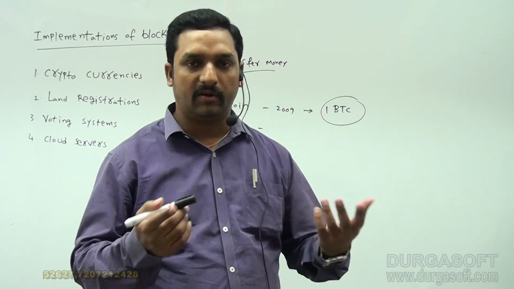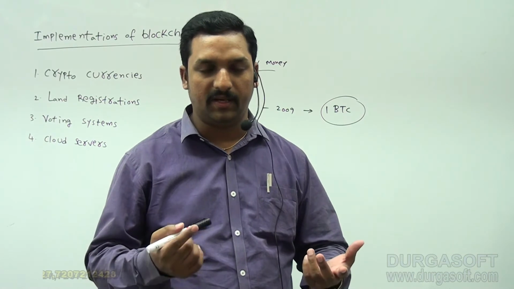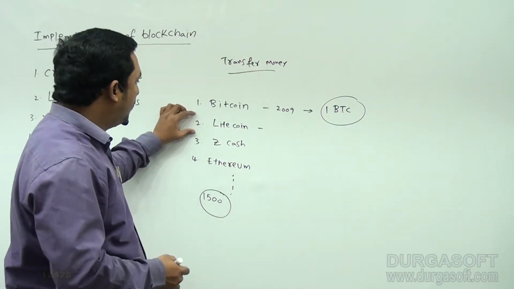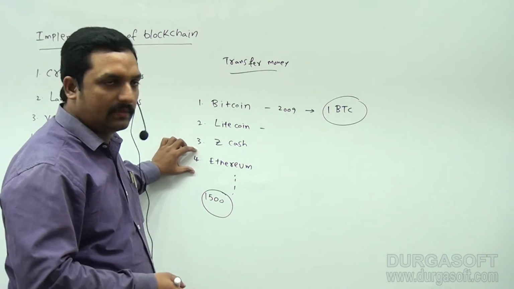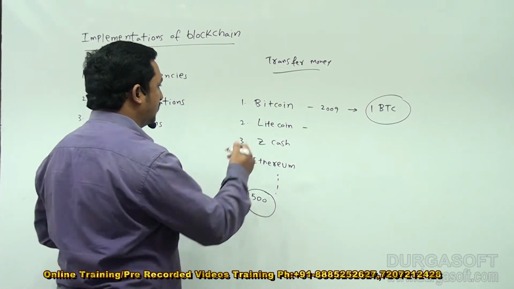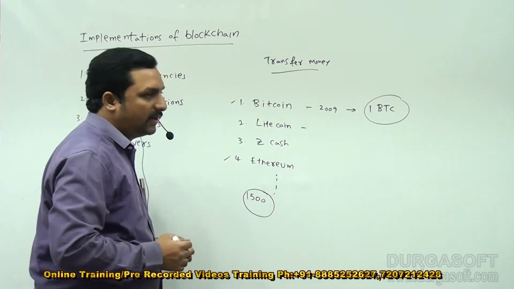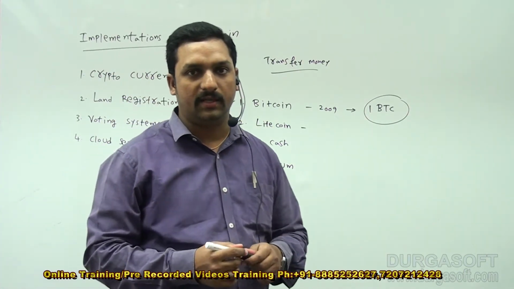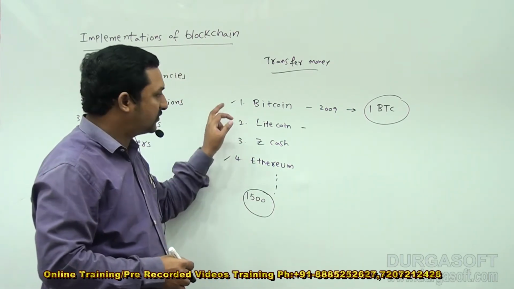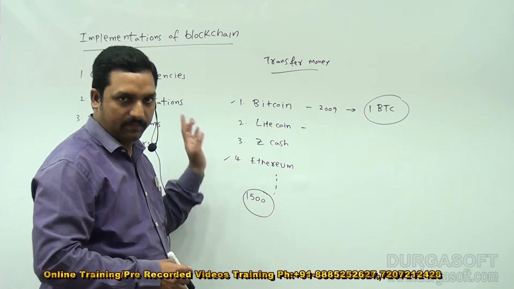So this Litecoin, Zcash, Ethereum, these are all other popular ones. The top two most popular are Bitcoin and Ethereum. These two are the most popular available.